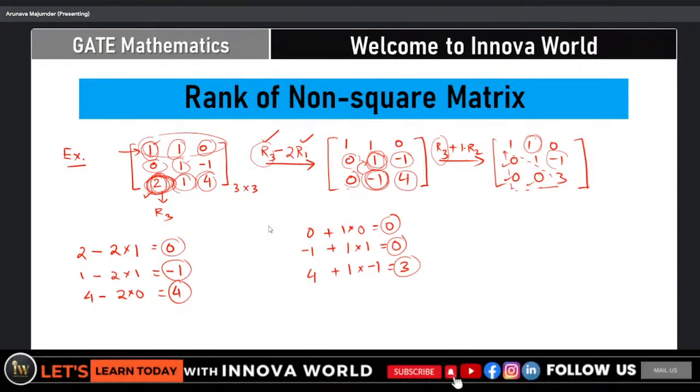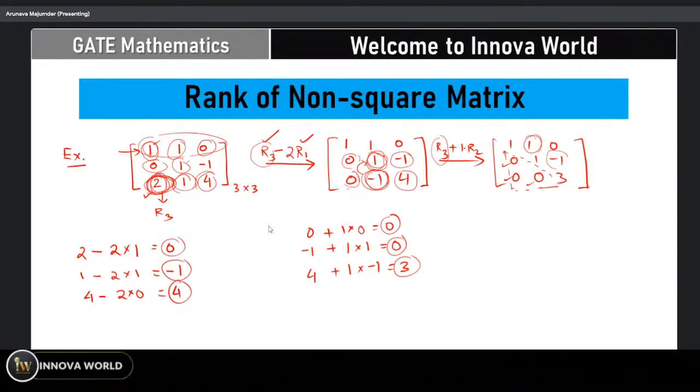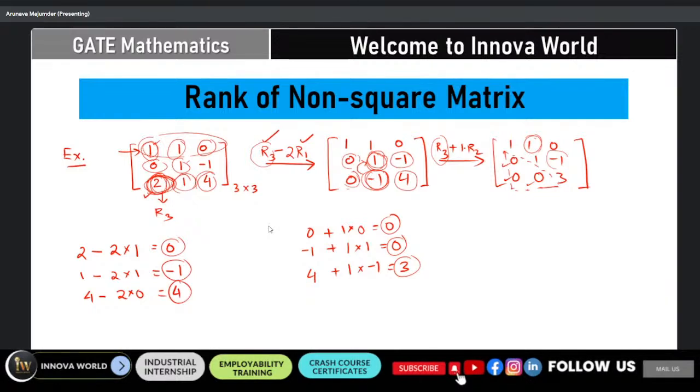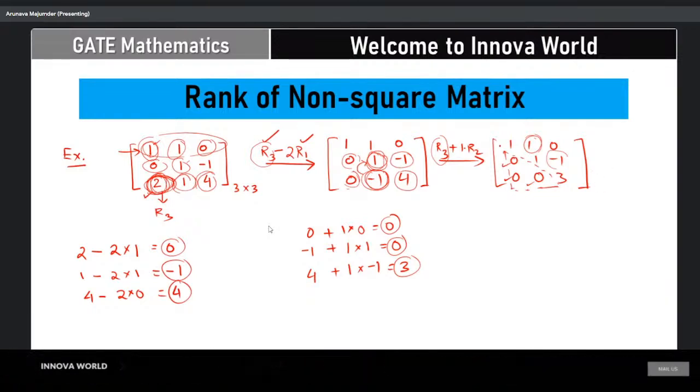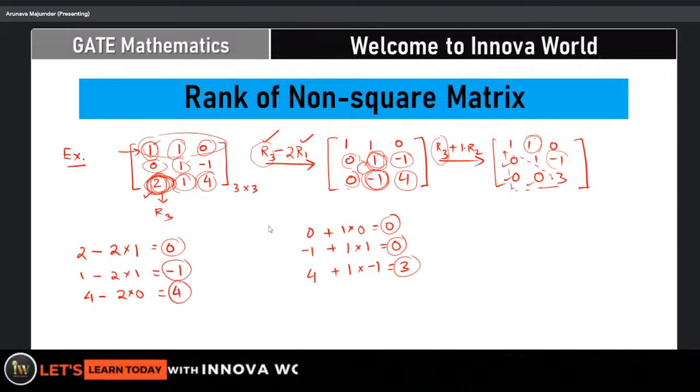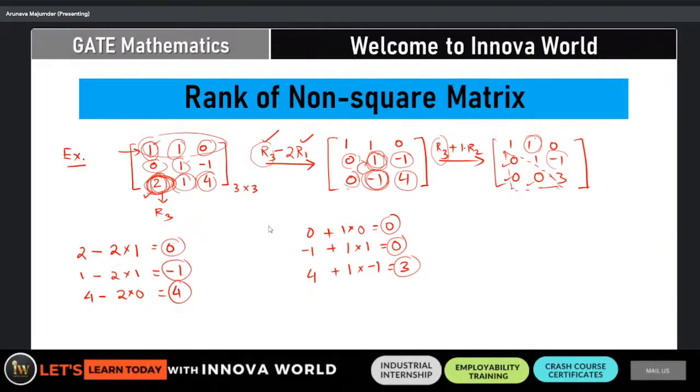You can do that operation too, but that's not my target because I want to solve the problem in the shortest time. So in a 3 cross 3 square matrix, if the elements just below the diagonal are 0 0 0, then we will stop our operation there.